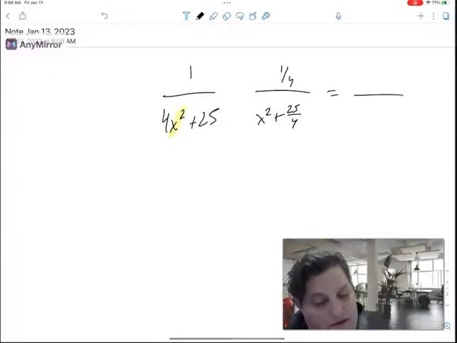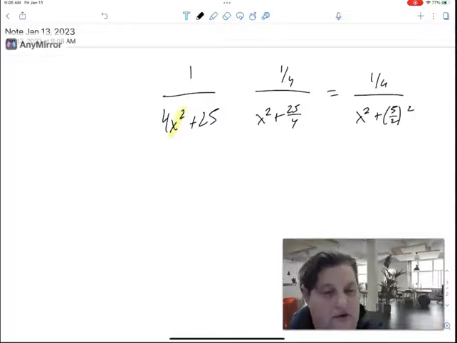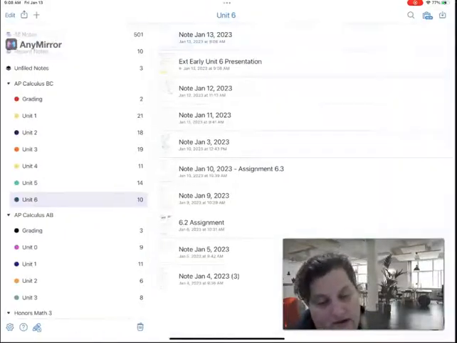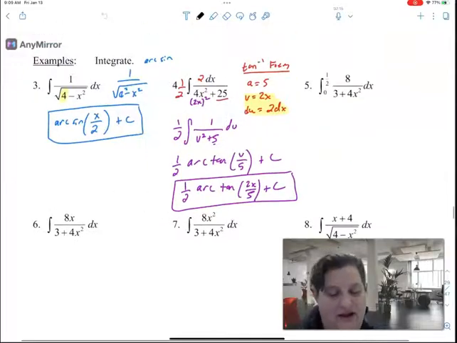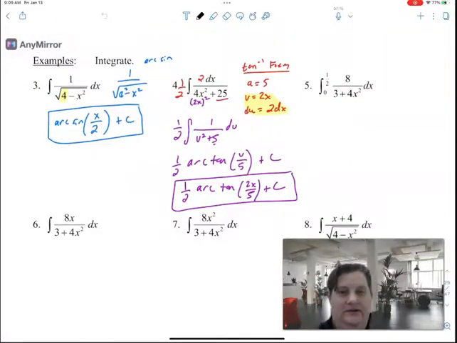And then you take the 1/4 out, and it's x squared, and then it's 5 over 2 squared. And then you do all that, and you get this 2 over 5 on the inside, you know? I just think that this is a little bit of an easier way to do it, and that's how we're going to work on this.